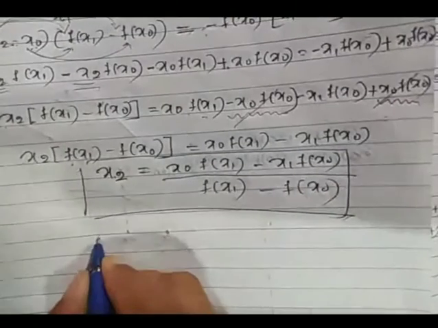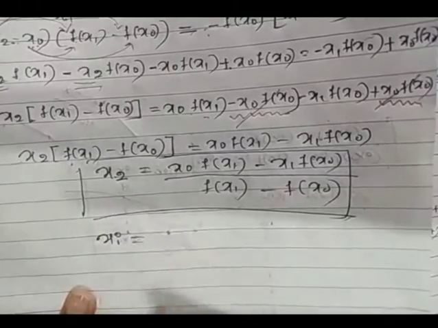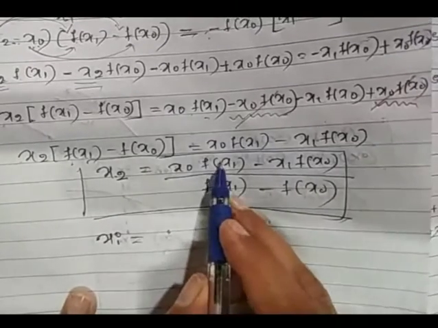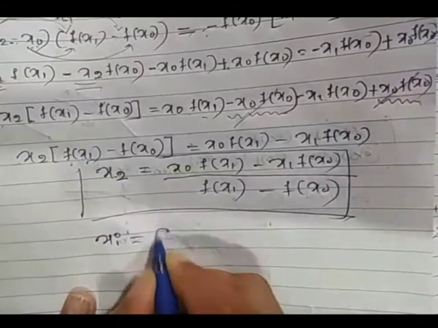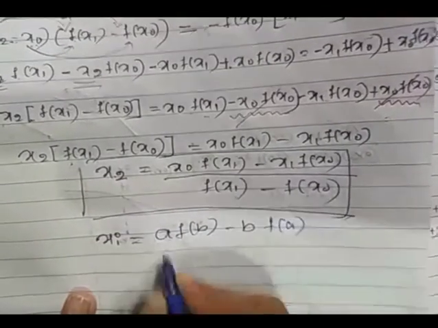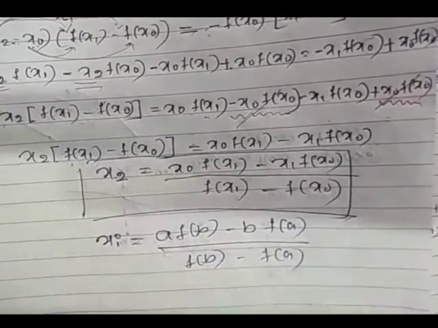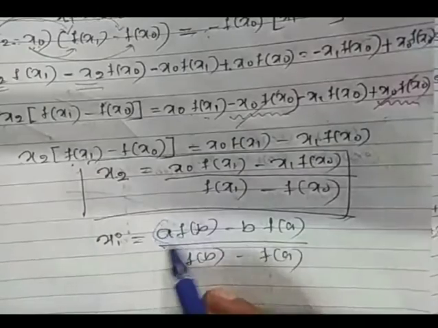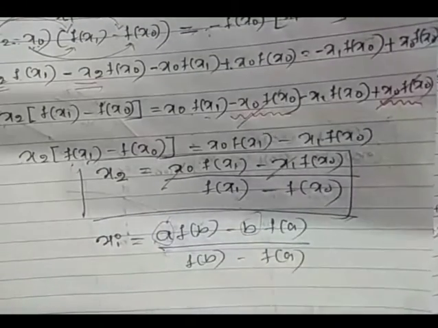In the regular falsi method, we consider the general expression as xi is equal to, in place of x naught we have a, in place of x1 we have b. So what is the regular falsi formula? a f of b minus b f of a divided by f of b minus f of a. In this, just in place of a we have x naught, in place of b we have x1.